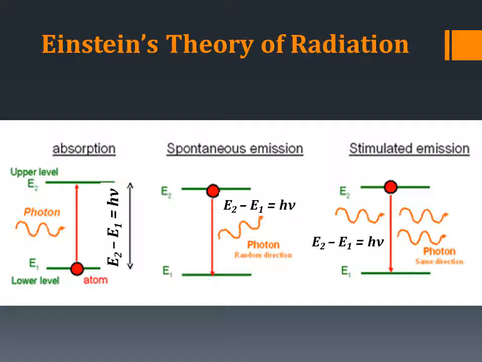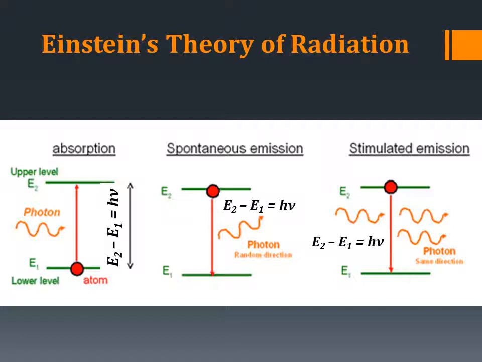Let us consider an atom exposed to a photon of energy E2 minus E1 equal to h nu. Then, three distinct processes take place, called absorption, spontaneous emission, and stimulated emission.